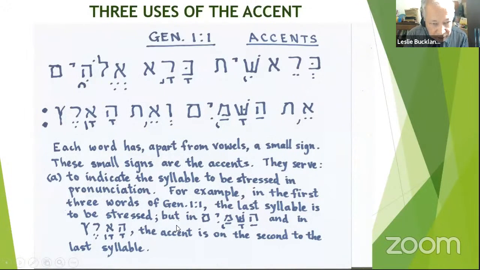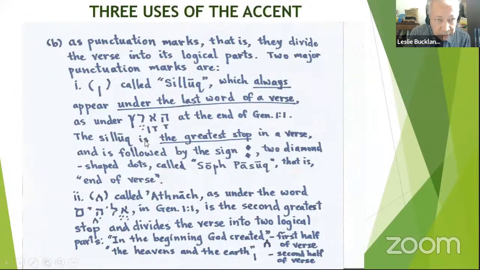And in this section, it shows that you can use the accent as punctuation marks. So you have Siluk, which is at the last word of Genesis 1, verse 1, and that is said to be the greatest stop. The greatest stop is called Siluk.